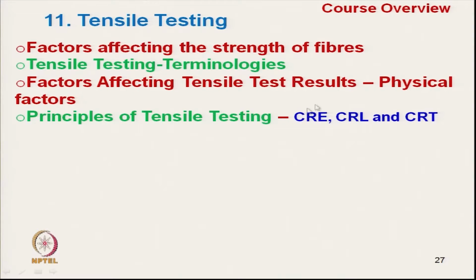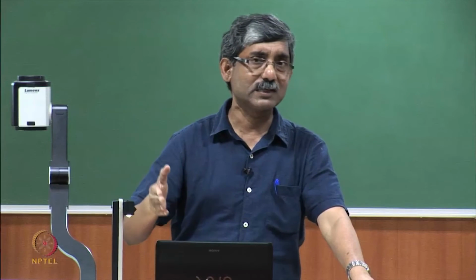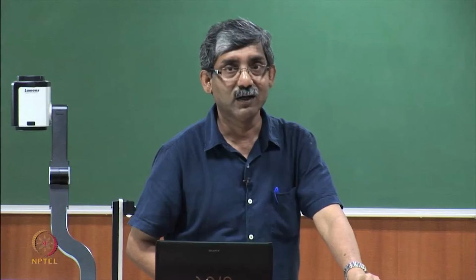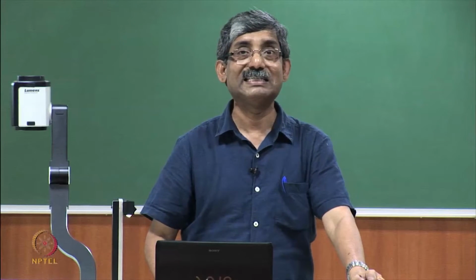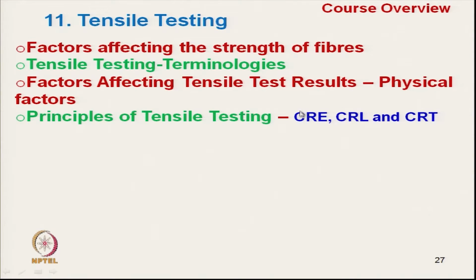Tensile testing instruments are divided into three categories based on the principle of testing. One is CRE, constant rate of elongation, another is CRL, constant rate of loading, and the third one is constant rate of traverse. Now, the confusion comes between constant rate of elongation and constant rate of traverse.